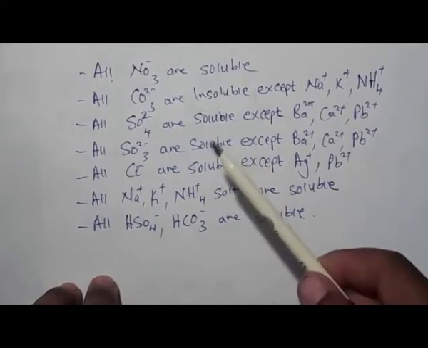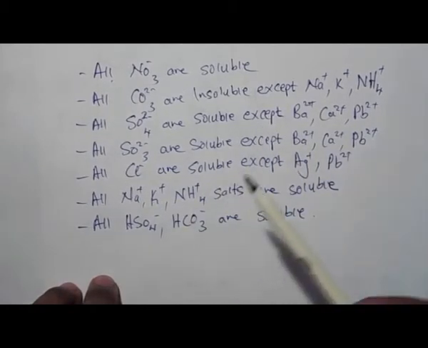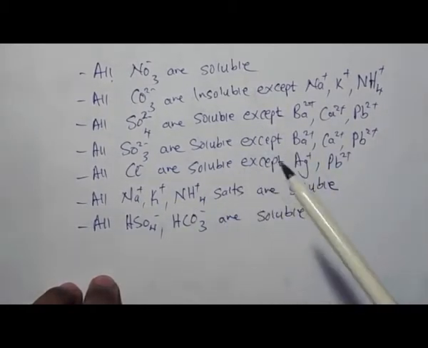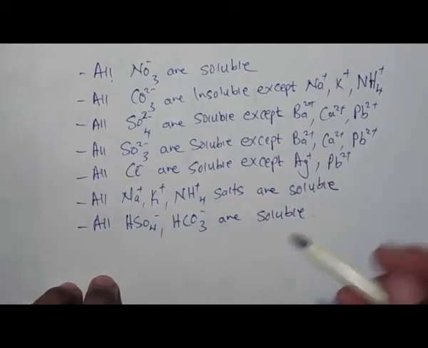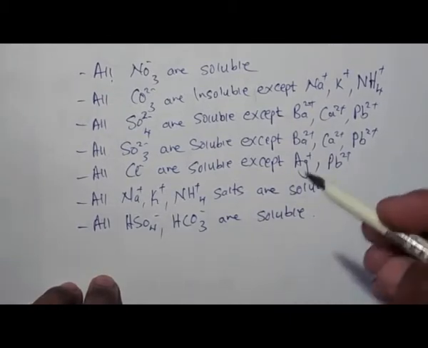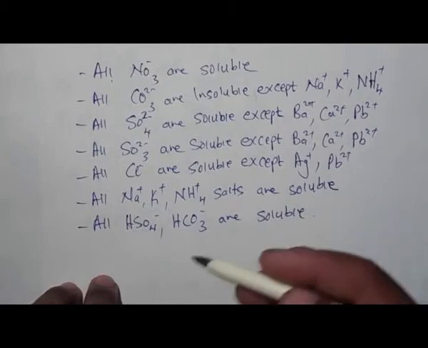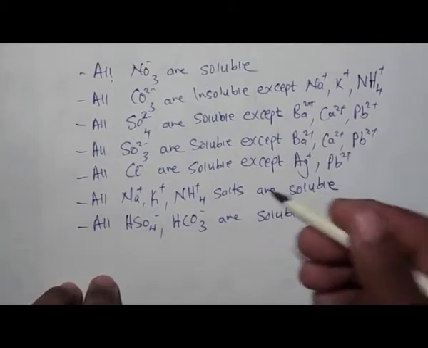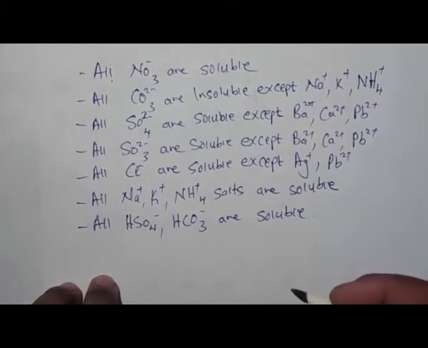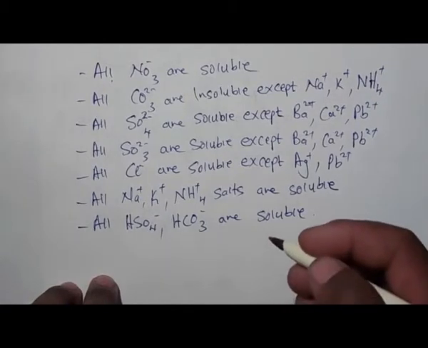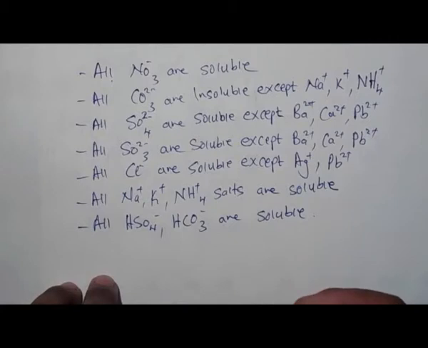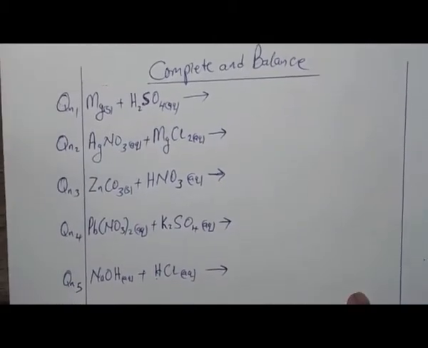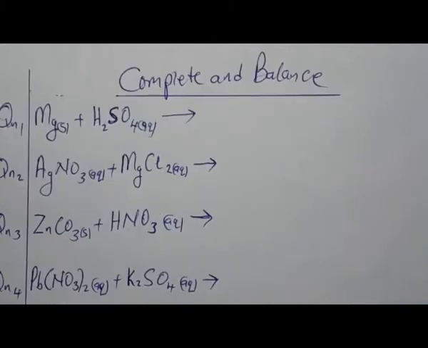Remember, in balancing equations, we need to give the state symbols. For the salts that are insoluble, that means they are solid, so we have to make sure that we assign the symbol S under them. Now, these are our questions, complete and balanced.